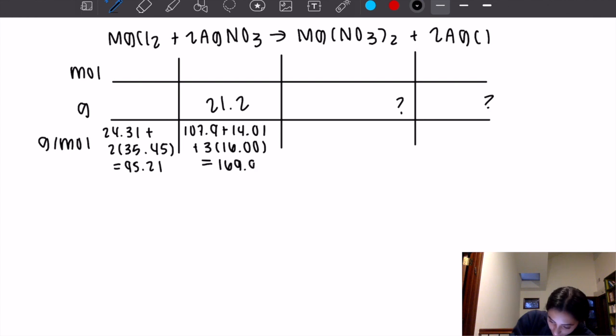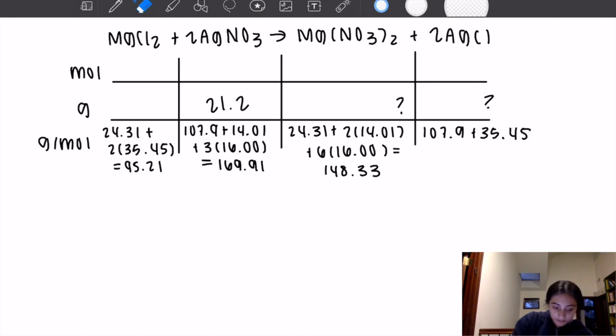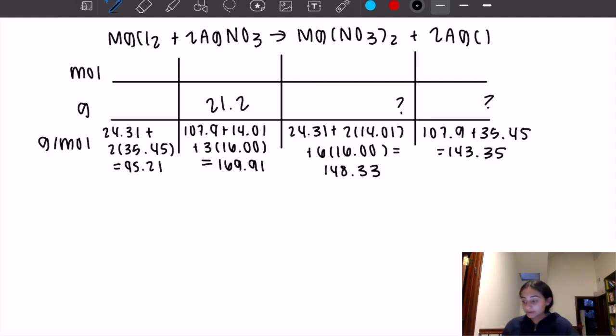For Mg(NO3)2, we have 24.31 plus 2 times 14.01 plus 6 times 16, which equals 148.33 grams per mole. And for AgCl, we have 107.9 plus 35.45, which equals 143.35 grams per mole. Okay, now I'm going to convert the grams of my given substance into moles.